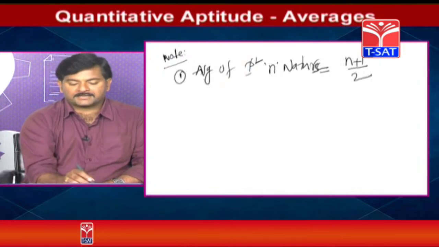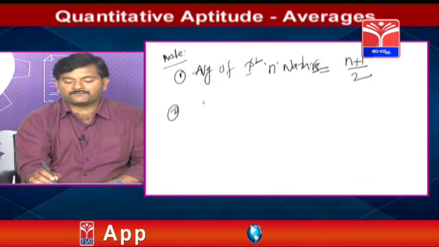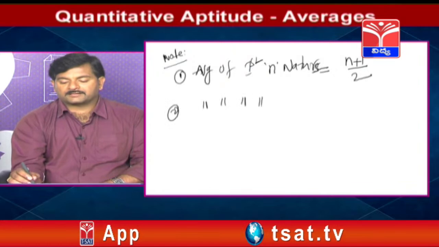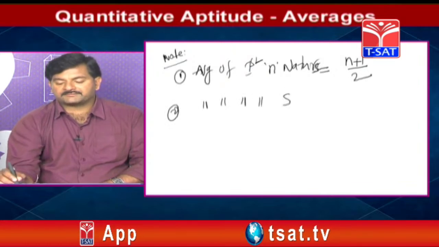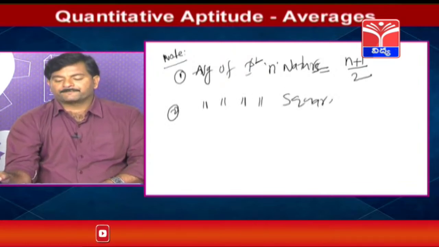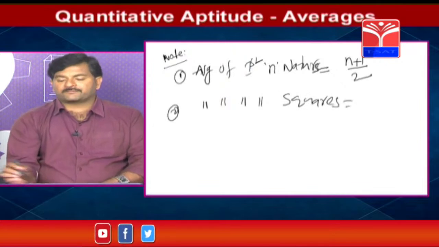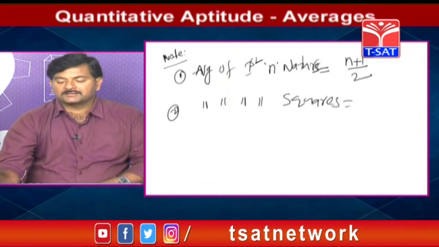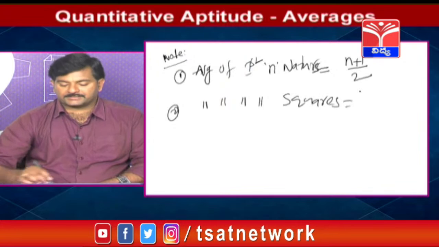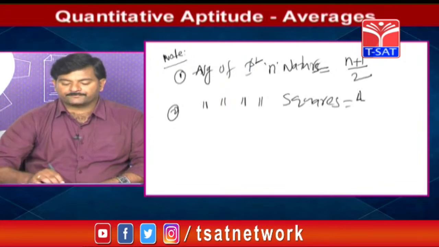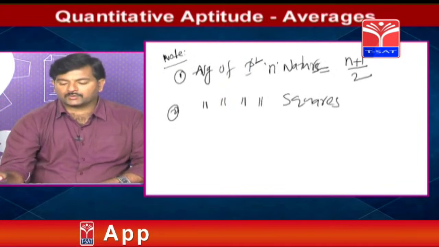And secondly, the average of the first n squares. The formula is 2n plus 1.